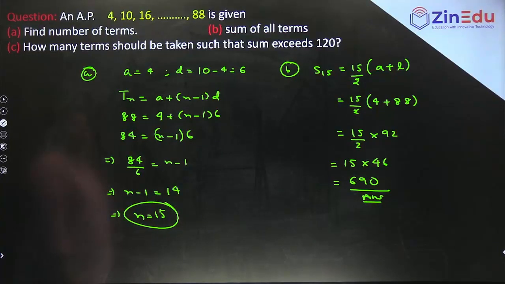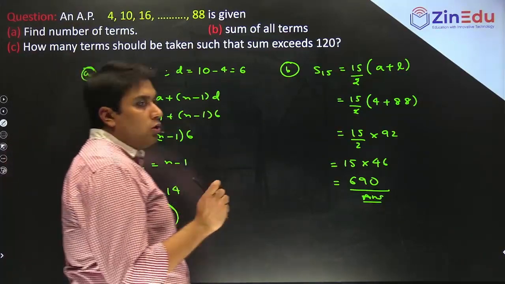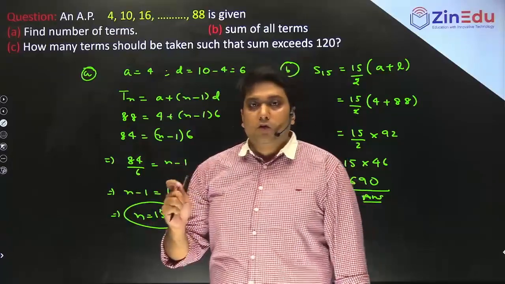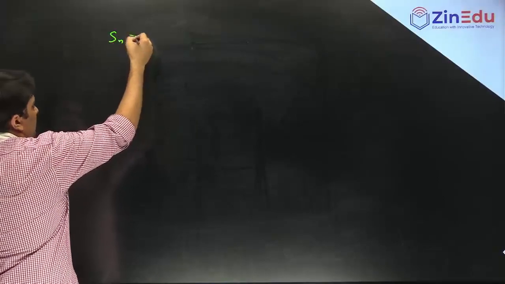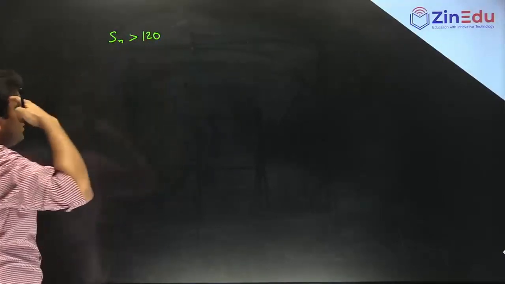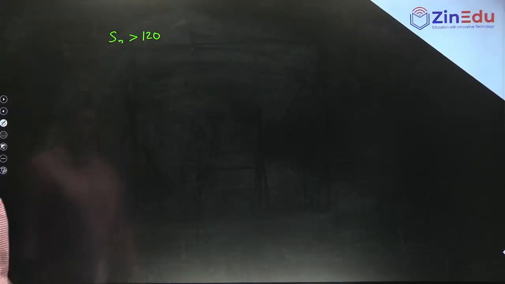It says how many terms should be taken so that the sum exceeds 120. So we do not know the number of terms, but we need to find the value of n such that the sum exceeds 120.